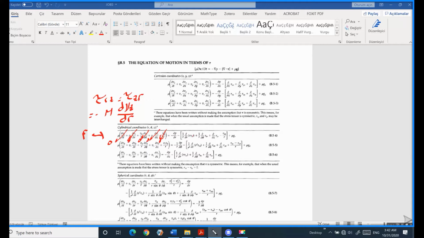So from here, this viscous force term is going to be 0. And this term is going to be 0 because the viscous force tau zr, as you see here, doesn't change with respect to z, only with respect to r. That's why it's going to be 0, 0, and this term is going to be 0.